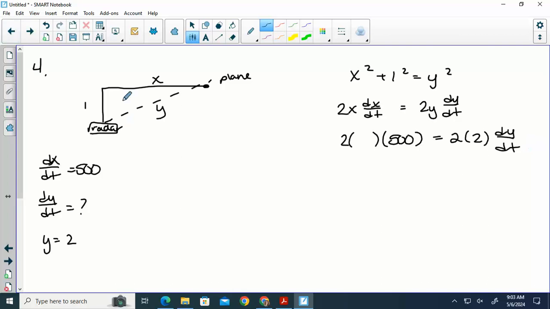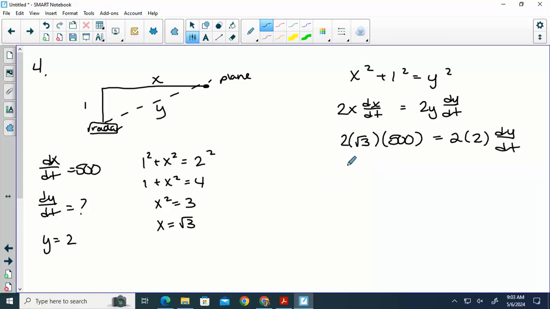If we go back here, we can do 1 squared plus x squared. We need x at the instant when y was 2. So x squared is 3, so x is the square root of 3 at that particular instant. Right?